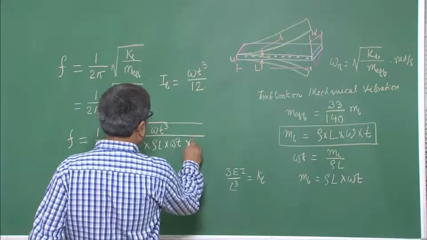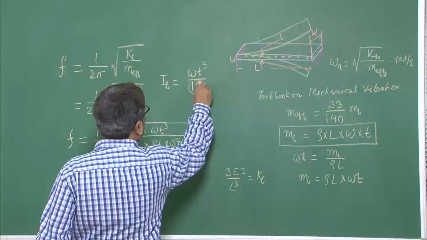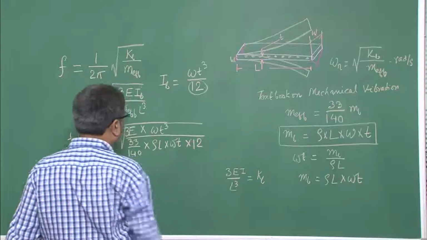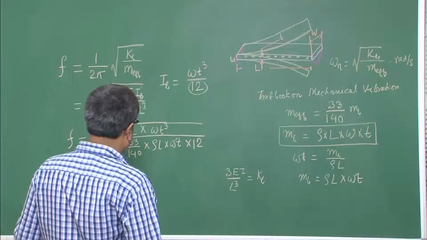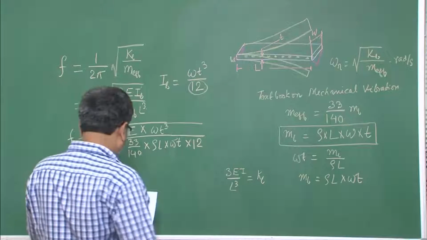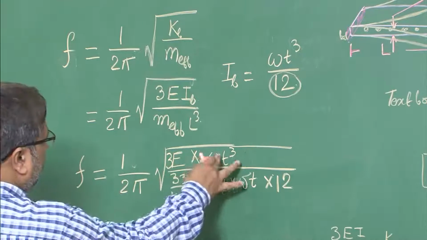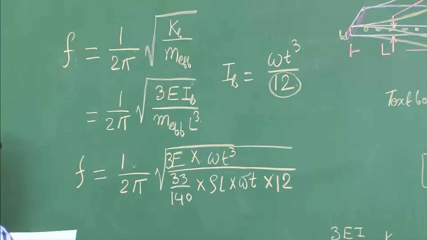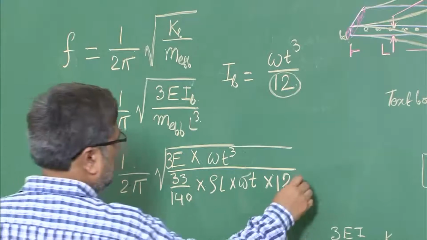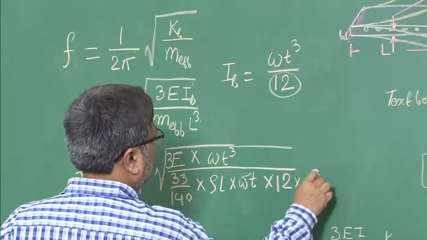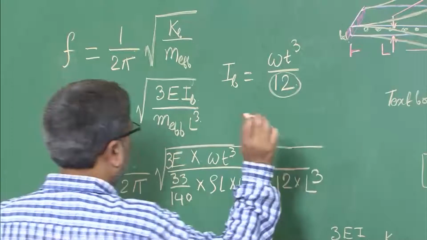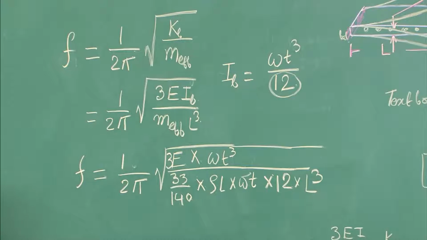We have the 12 term here, right? This 12 term we have to keep. And also, let us see, 3 is there, I is WT cube, that is fine, M effective is there, yes, L cube we are missing, right? So, these are the terms that we have.